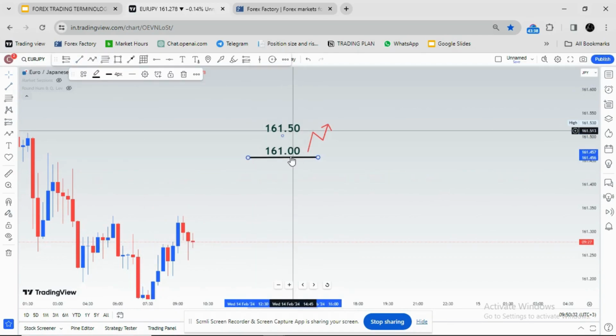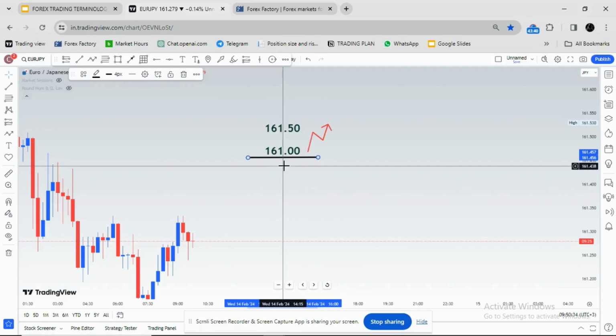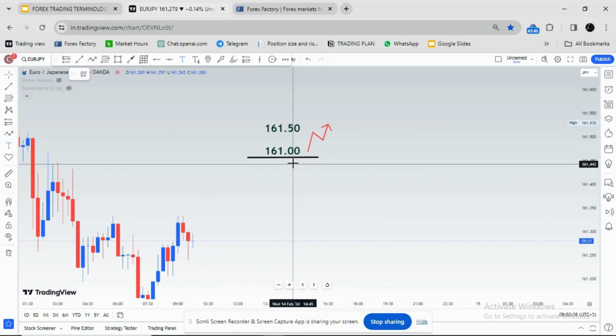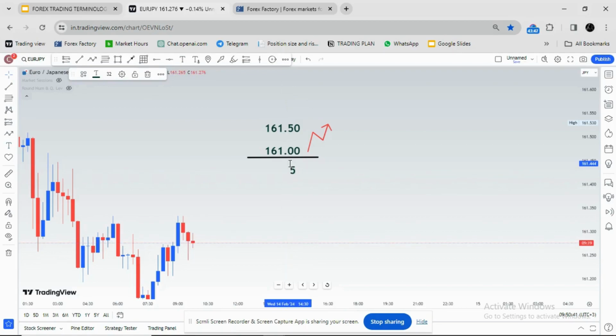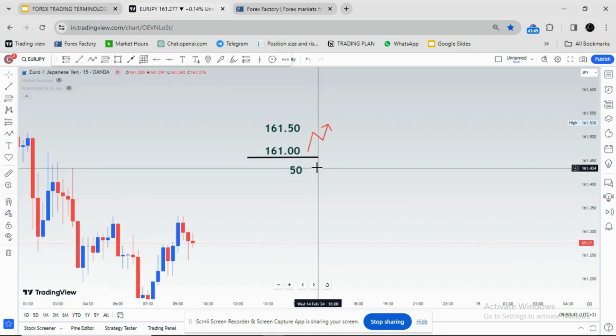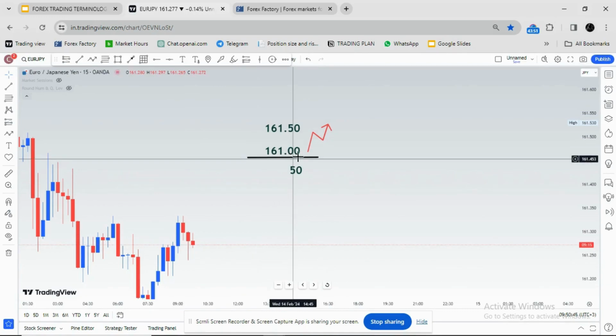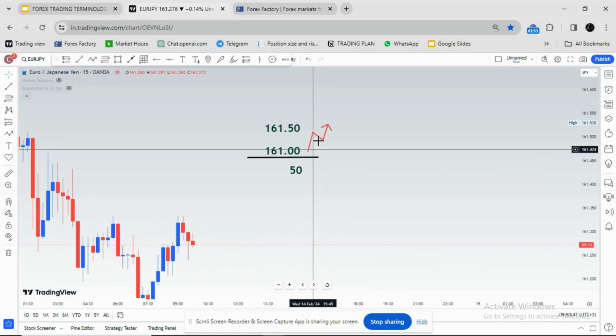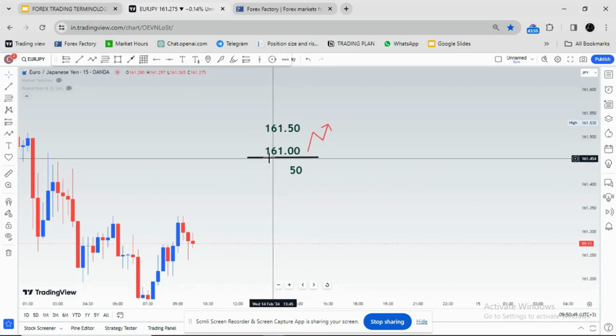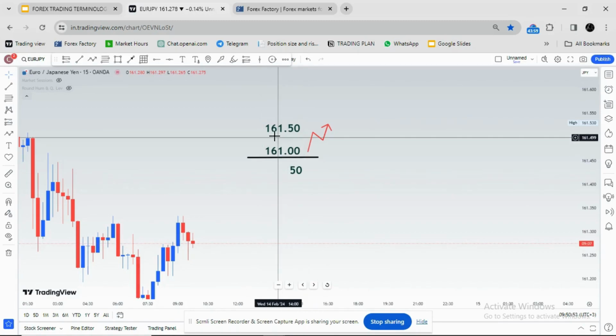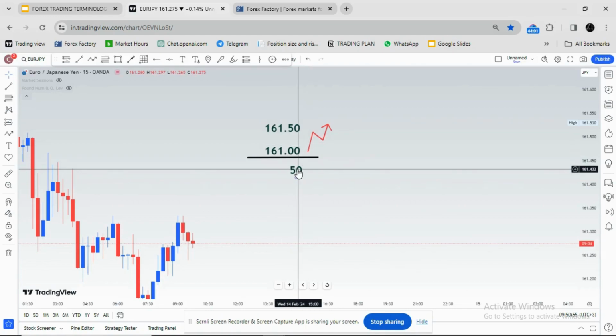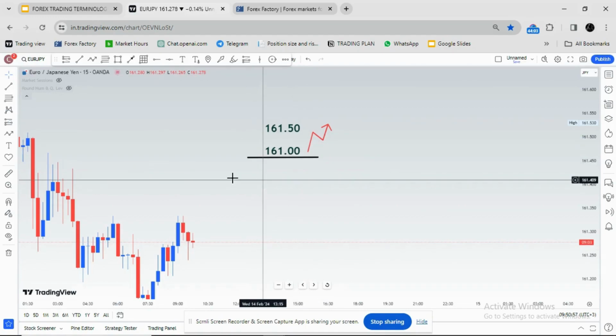If you do that simple calculation and subtract, you're going to get the answer here as 50. So we will say Euro JPY has bought, or has risen, for 50 pips, from 161.00 to 161.50.